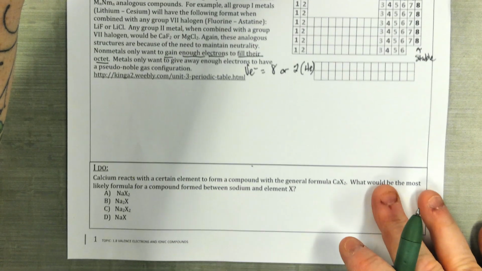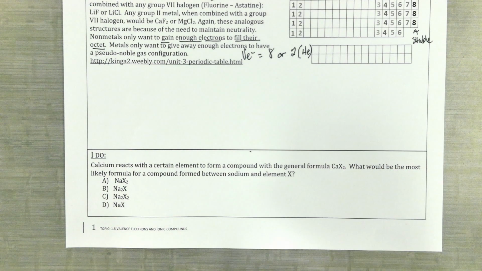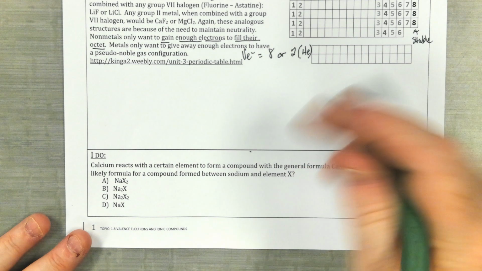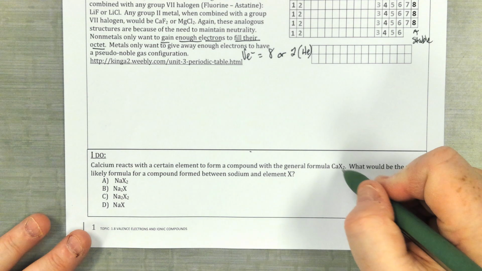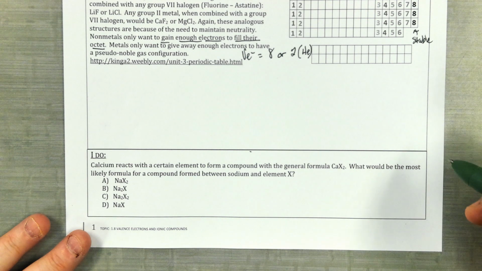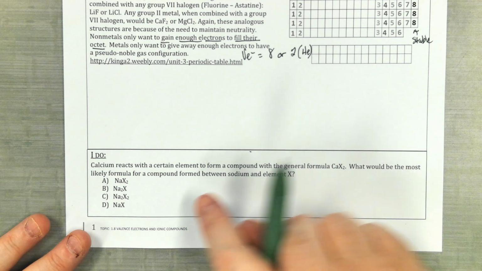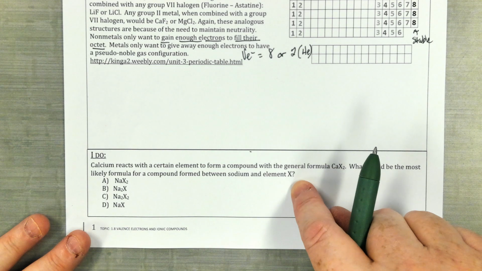All elements want to maintain neutrality, so they've got to gain or get rid of electrons to get to a stable octet. So calcium reacts with a certain element to form calcium X2. What would be the most likely formula for a compound between sodium and X?